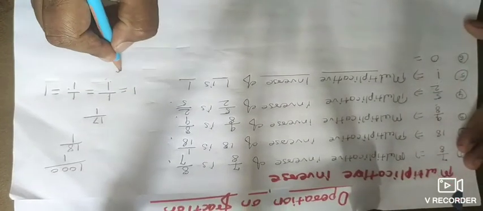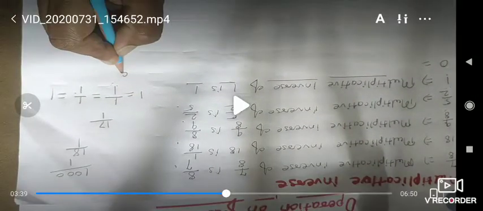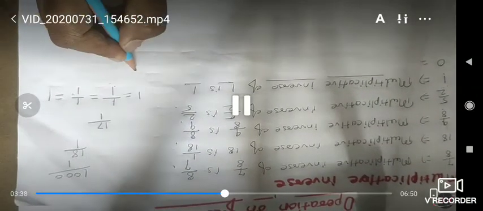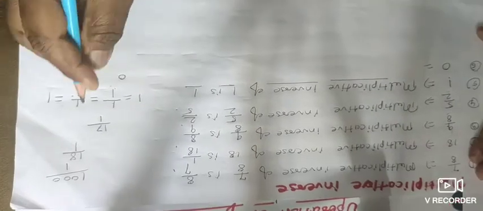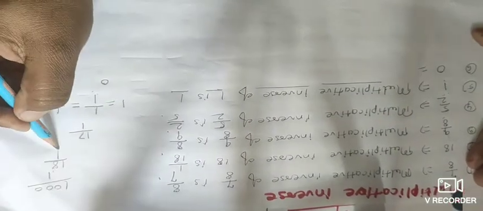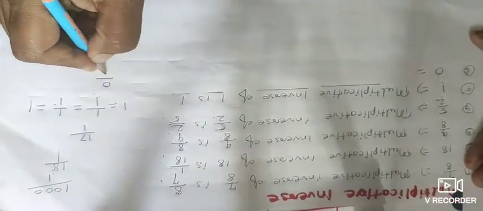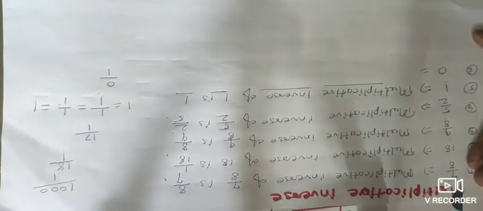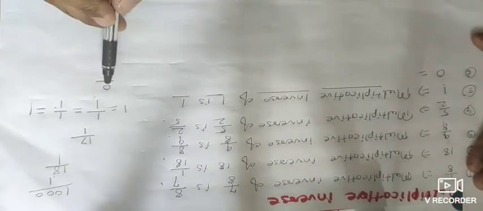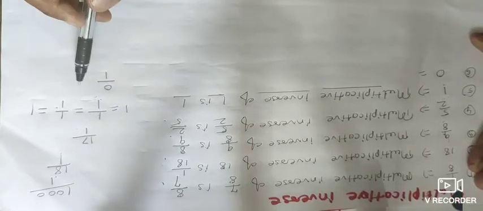Now next we will see, tell me, does 0 have a multiplicative inverse? Yes, 0 has a multiplicative inverse. As you know, every number has a 1 in its denominator position. In the same way 0 also has 1 in its denominator position. So 0's multiplicative inverse is 1 upon 0.